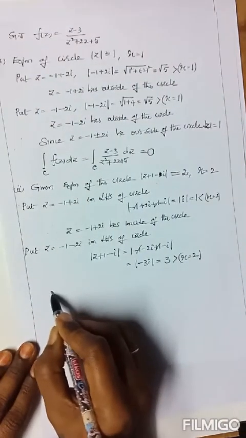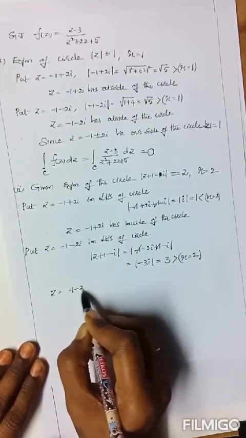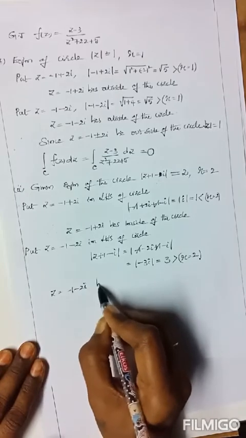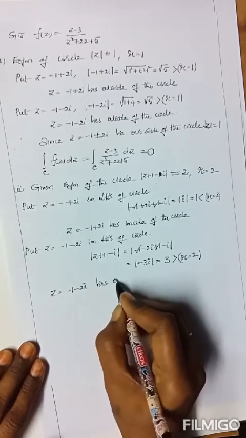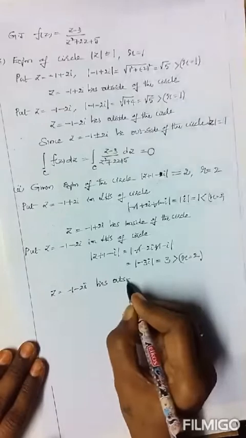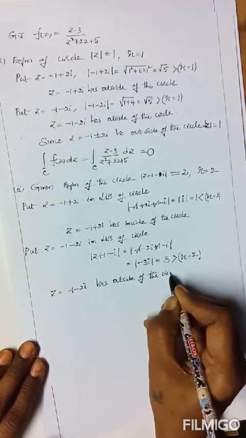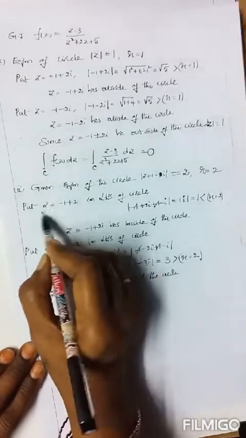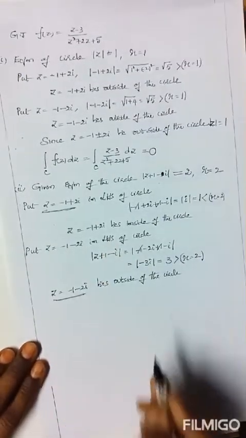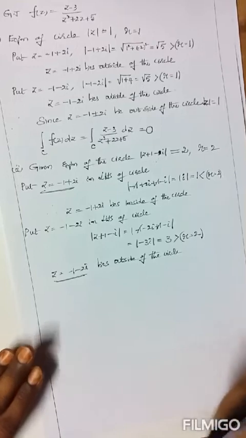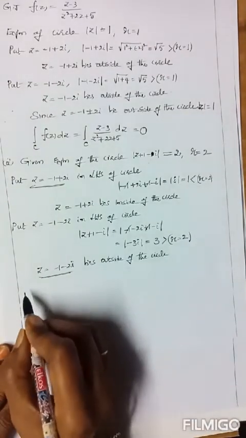So z equals minus 1 minus 2i lies outside of the circle. Out of two poles, only one pole lies inside of the circle. You can calculate the integration using the residue theorem.